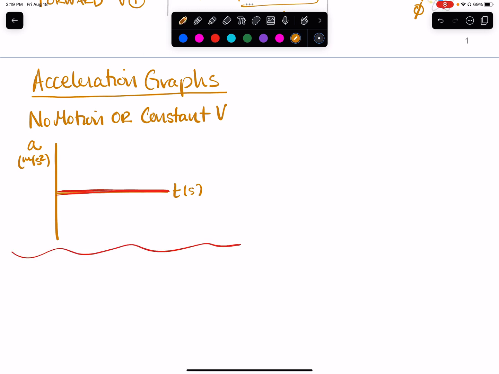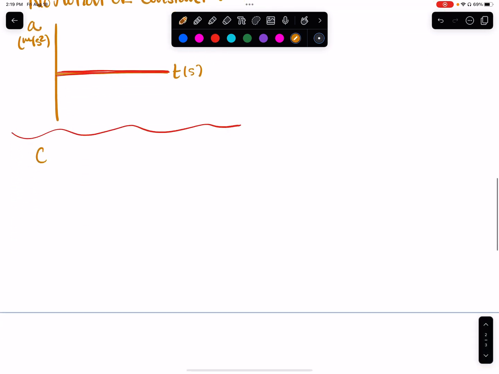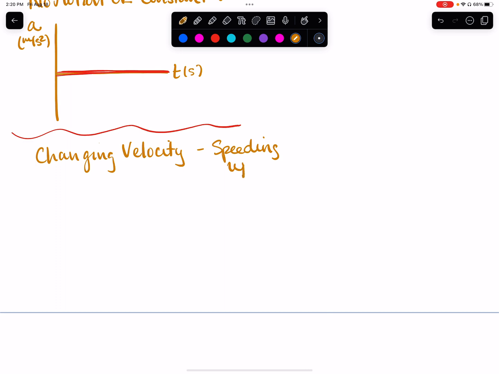All right, now let's look at what happens if we do have some changing velocity. We're going to specifically look at if the object is speeding up. All right, so here's our condition.